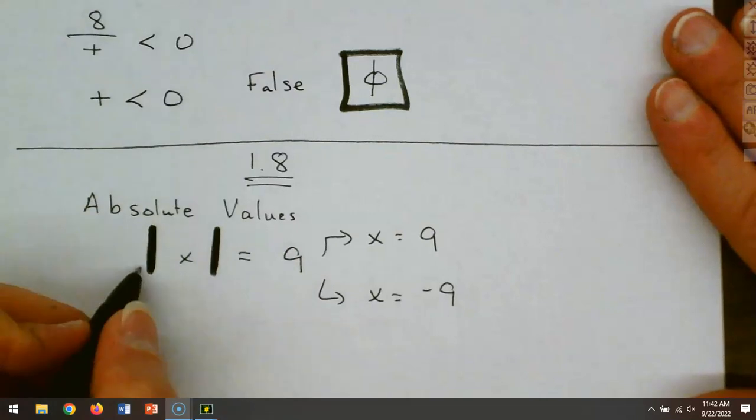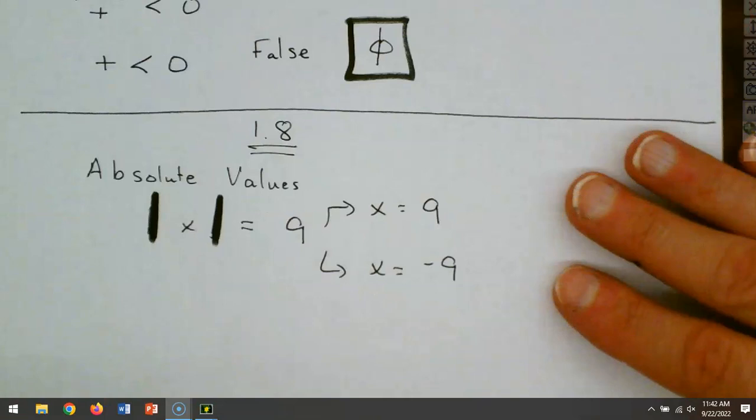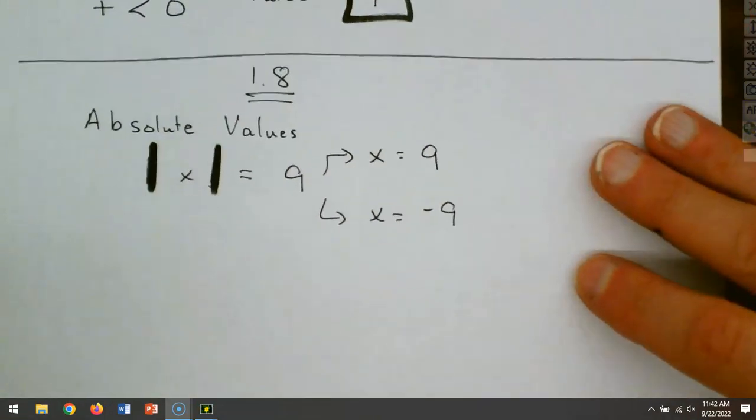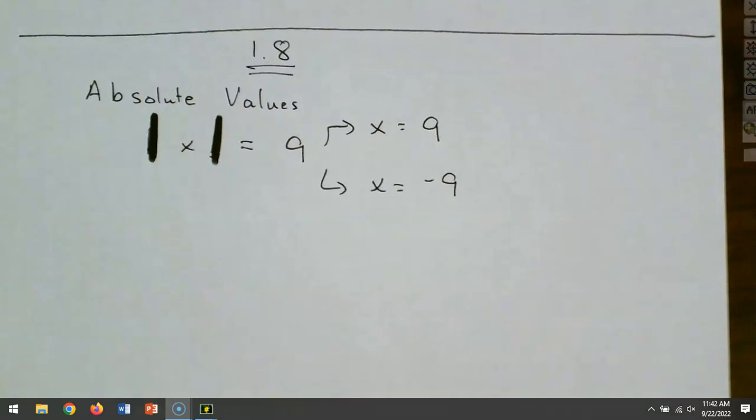Because these are absolute value bars. And what do the absolute value bars do? Make it positive. So when we solve these out, we are going to be having to get two solutions. Does everyone see why we have the 9 and the negative 9 now? Because absolute values, there's two numbers that work for it.